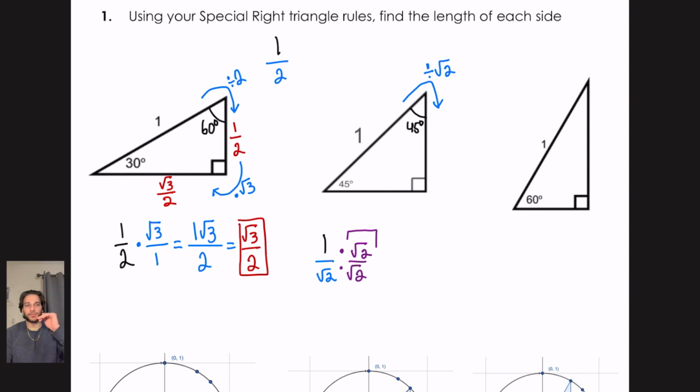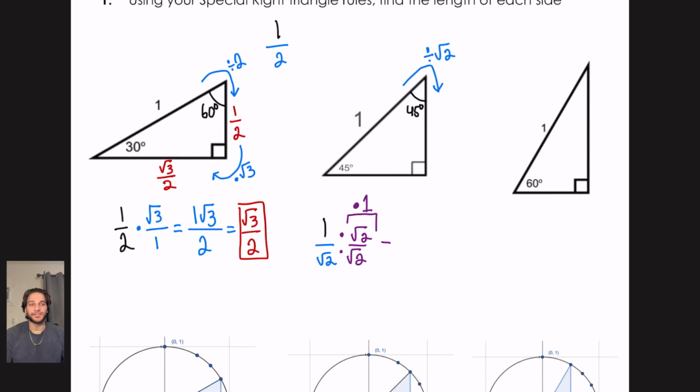Root 2 divided by root 2 is just 1. So we're not changing the value of this fraction because we're just multiplying by 1. But what this allows us to do is get rid of that radical in the bottom of the fraction. So whenever I do that, on the top, I'm going to get 1 root 2. And then on the bottom, whenever I multiply root 2 times root 2, that is going to equal root 4, which simplifies to just whole number 2.